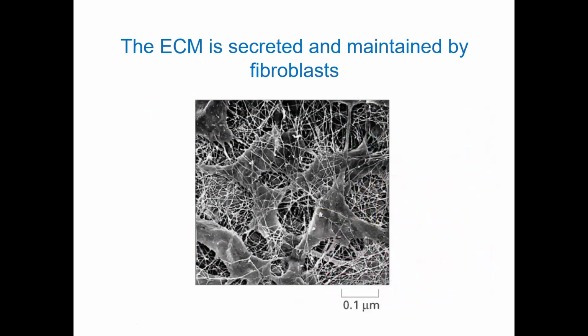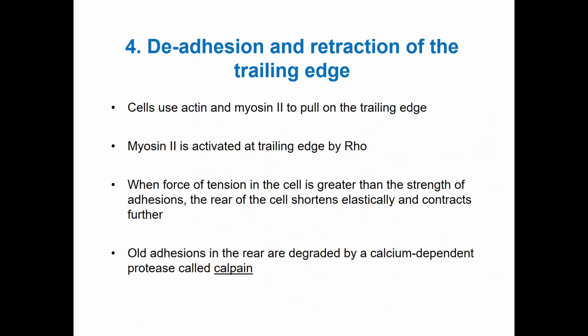The mechanism has usually been studied in how extracellular matrix is secreted from the cell to maintain the attachment, in fibroblasts or other cells. The last one is de-adhesion and retraction of the trailing edge.